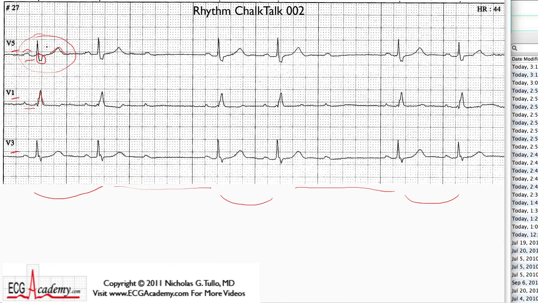The next beat comes along, and if we measure the rate, let's count off 300, 150, 100, 75, 60. So it's a little bit faster than 60, maybe 68 beats per minute. The PR interval still looks to be about 200 milliseconds, and the QRS looks the same. Well, if we measure off another 68 beats per minute, we find that there does seem to be a P wave that does appear to land on time, but there's no QRS associated with it.